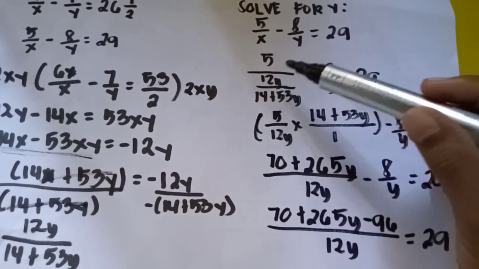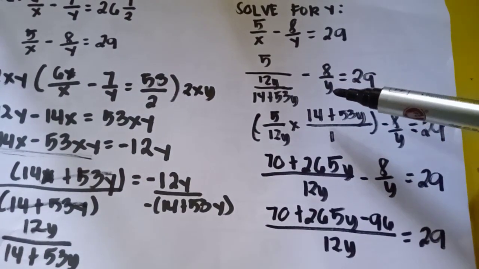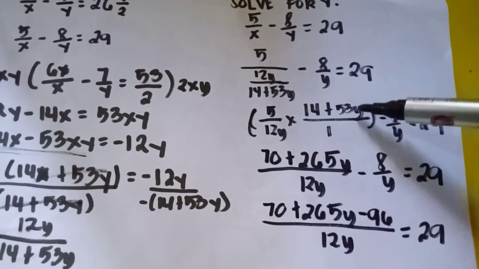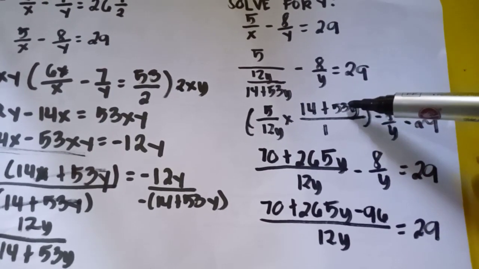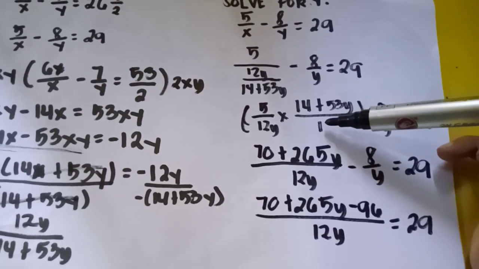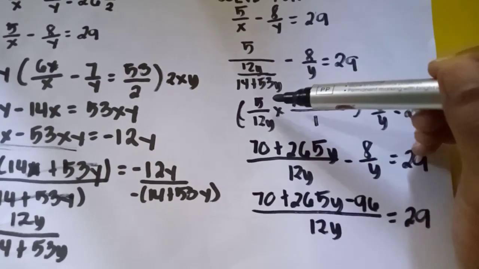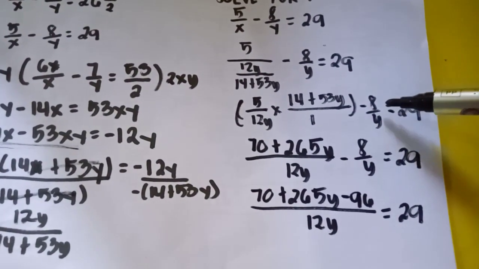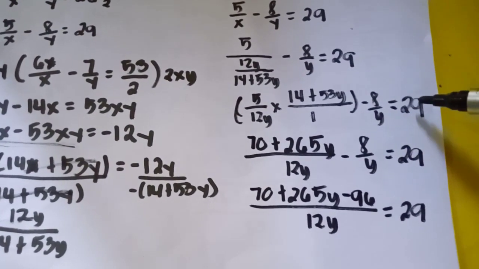So 5 over 12y over 14 plus 53y over 1. We will multiply this later, and then negative 8 over y equals 29.